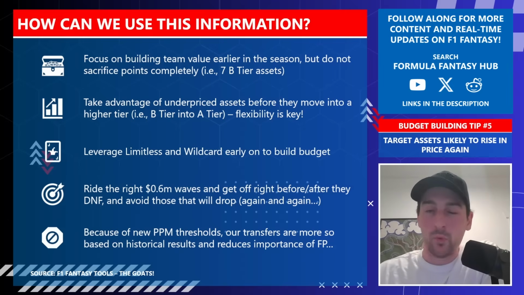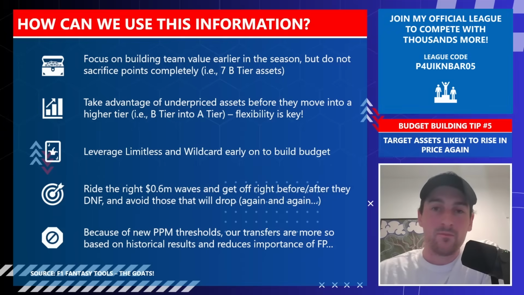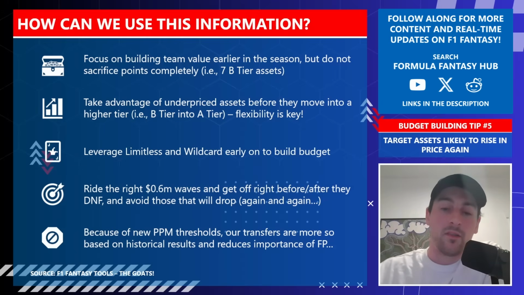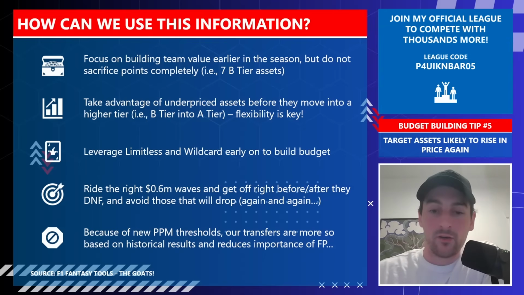Obviously, before would be somewhat luck dependent, if not in reality after these B tier assets DNF, because we know how severe the $0.6 million price drop in the B tier is. So making sure you can time those price rises and part from those assets as they start to DNF and trend downwards. And I think we're seeing this already very early in the season.